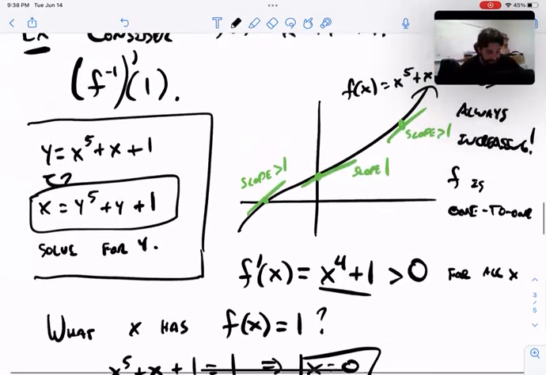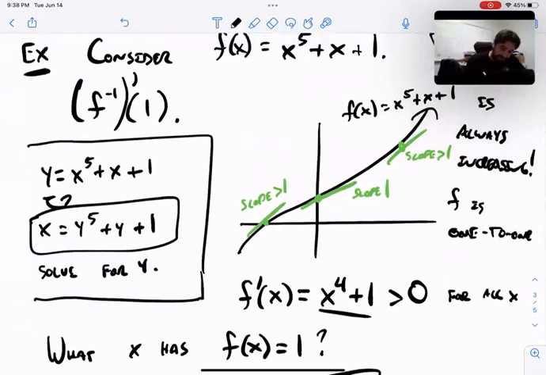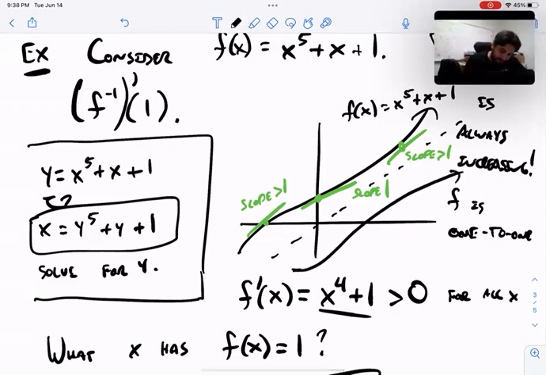And if you look here, that would correspond to, on the graph, here would be our y equals x line. And then the graph of the inverse would look like this, the graph of f inverse. And this point here would be the point 0, 1 on the graph of f, which would correspond to this point 1, 0 on the graph of f inverse.